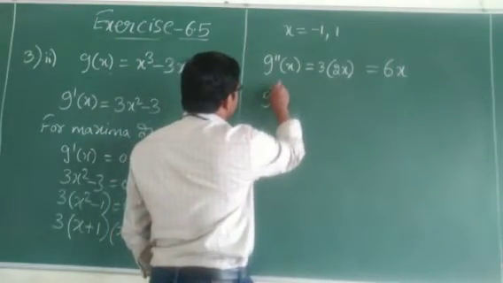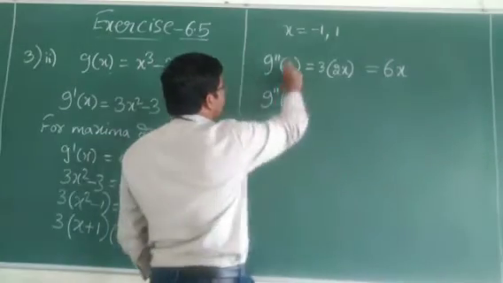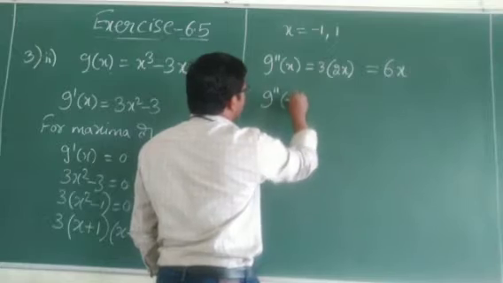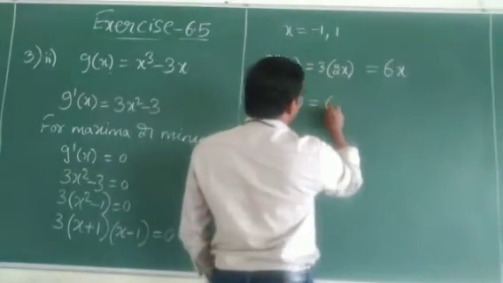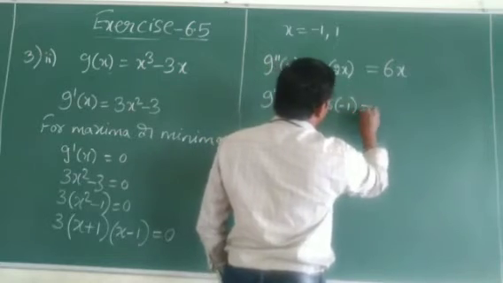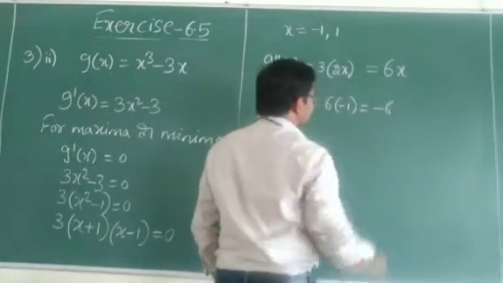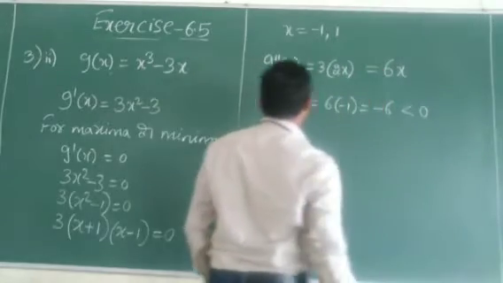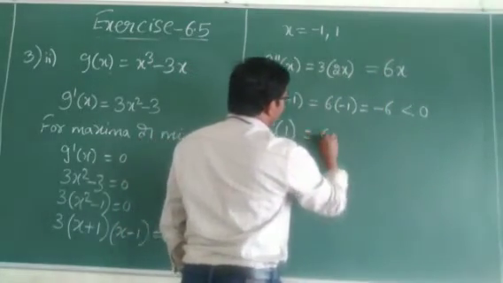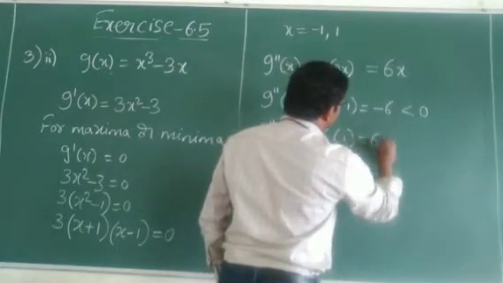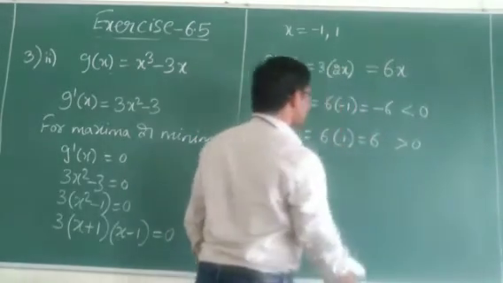Now we find the second derivative at the critical points. If we substitute the critical point -1, we get 6 into -1, which is equal to -6, which is less than 0. If you substitute 1, we get 6 into 1, which is equal to 6, greater than 0.